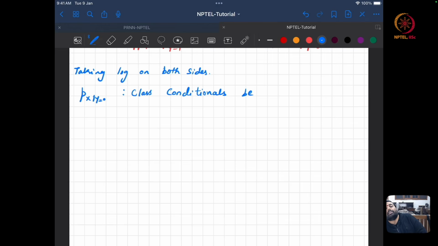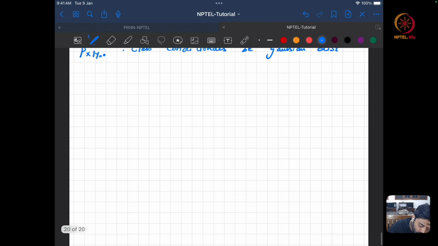Okay. See, here I am taking a 1D Gaussian. Now I will leave it as an exercise for you to take a d-dimensional Gaussian distribution and see how similar expressions can be obtained. Okay. So the conditionals be Gaussian distribution. Okay.